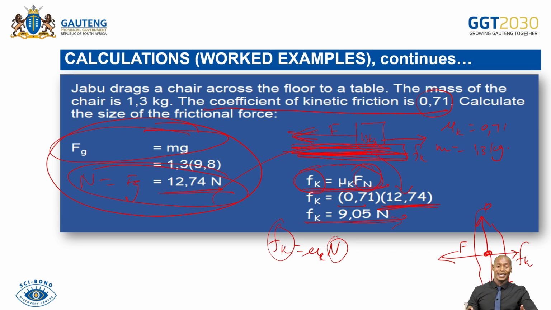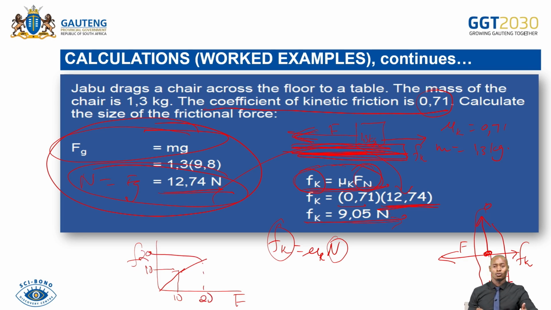Okay, then again the issue of the graph, the relationship between frictional force and applied force, right? When you apply a force, let's say the object does not move. It means that the forces at that moment are balanced. If the applied force is 10 here, then the friction is also going to be 10. You move toward the applied force being 20, and here the friction is going to be 20.